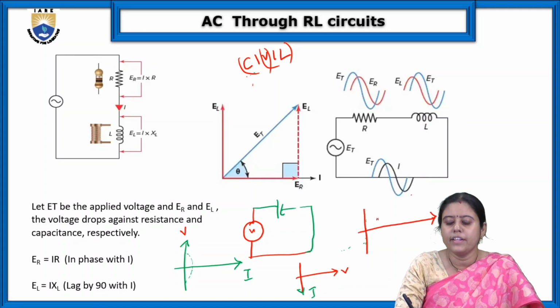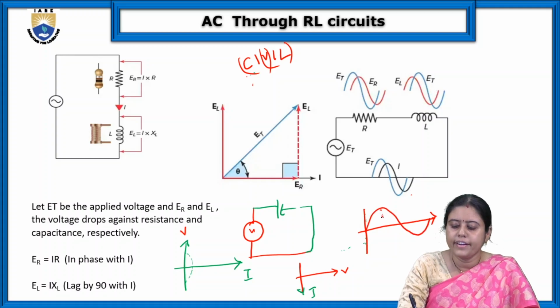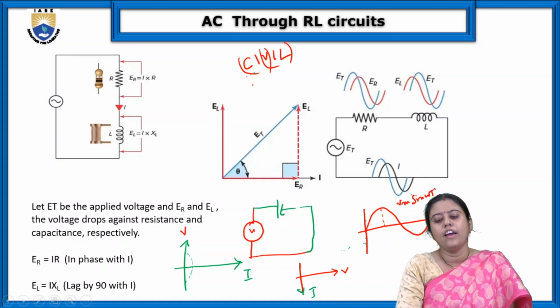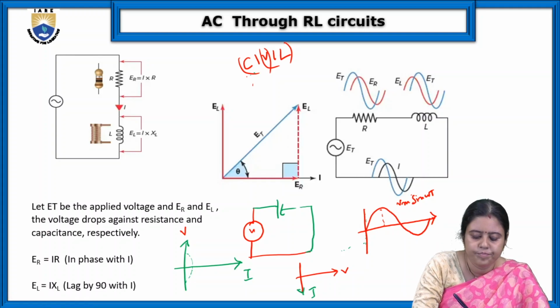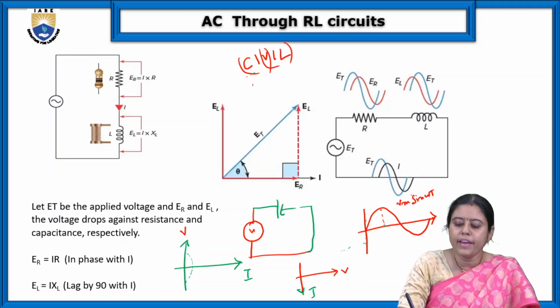Again, this is Vm sin omega t. What will happen to current? The current will be 90 degrees leading.